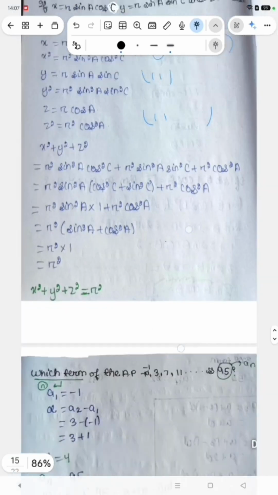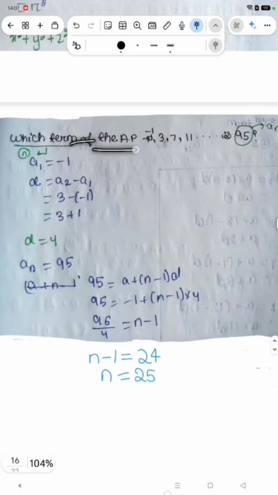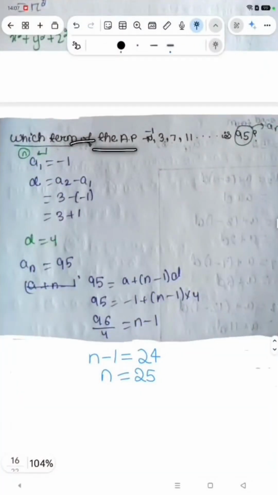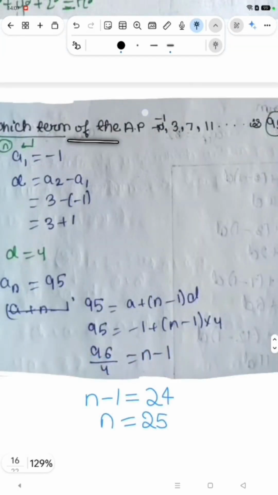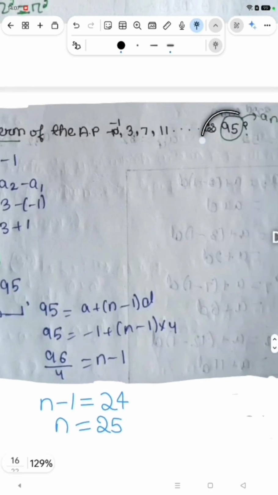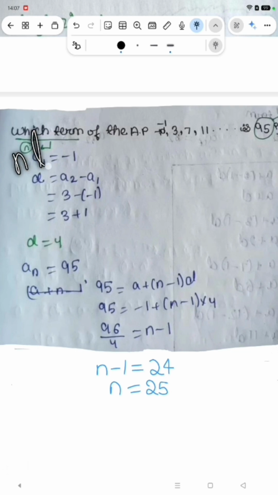Now second question. Which term of the AP minus 1, 3, 7, 11 is 95? So we have to find the value of the nth term.